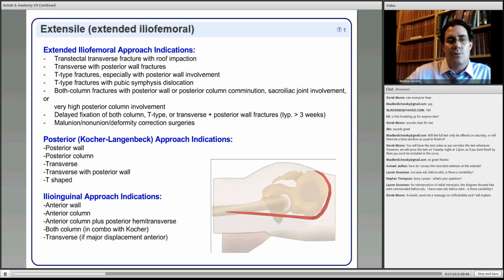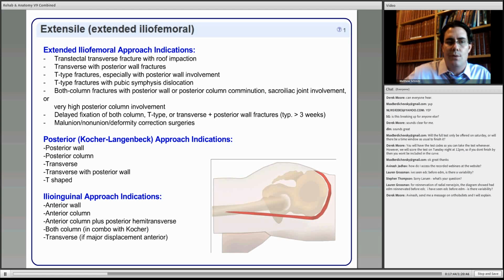I think when you're looking at these, if you look at what a Kocher-Langenbach is used for, anything that involves purely a posterior wall or a posterior column, sometimes a transverse with the posterior wall, those are all best addressed through a posterior-only approach. Similarly, if you have an anterior wall or anterior column, or an anterior column plus posterior hemitransverse, those can be done through an ilioinguinal.